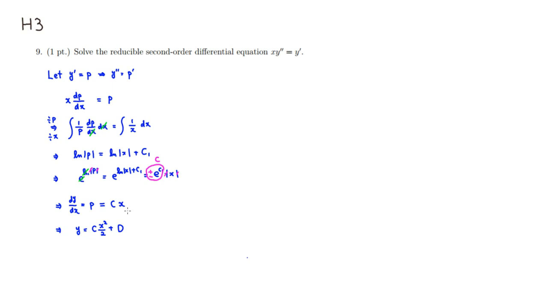To make it look a little bit better, I'm going to call c over 2 a, and this constant b. Therefore y is equal to a x squared plus b. So that is the solution of the differential equation. All right, that's it. I hope that this was clear.